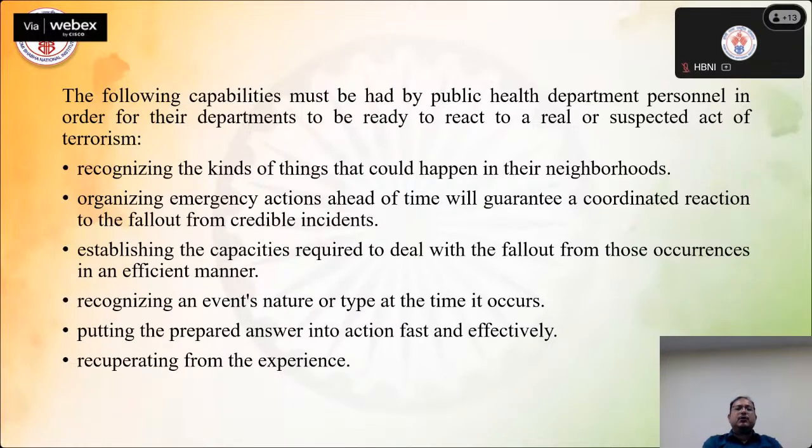Establishing the capacities required to deal with the fallout from those occurrences in an efficient manner, recognizing an event's nature or type at the time it occurs, putting the prepared answer into action fast and effectively, and recuperating from the experience. As I already quoted, in case of any incident you have to filter out the victims on a priority basis: who requires immediate help, who requires delayed help.